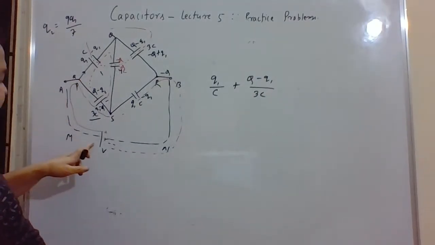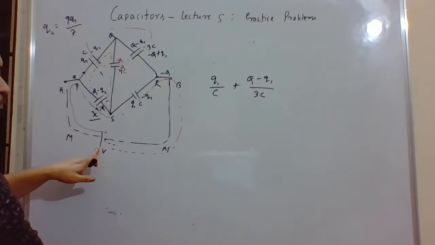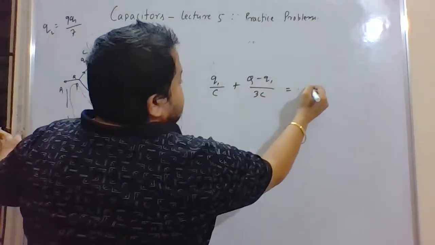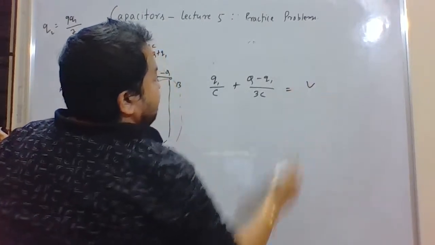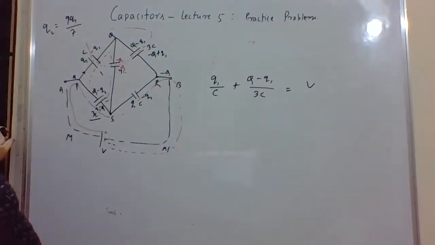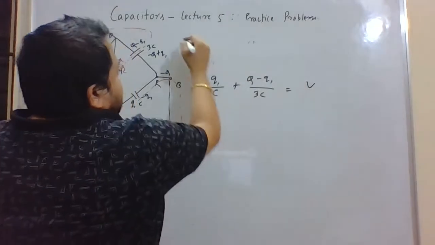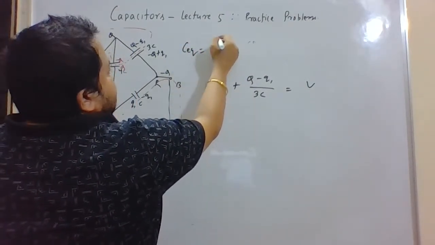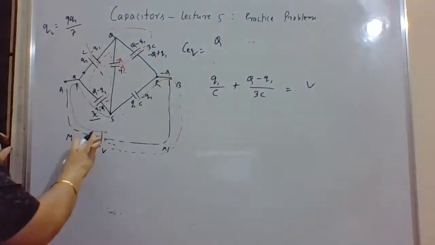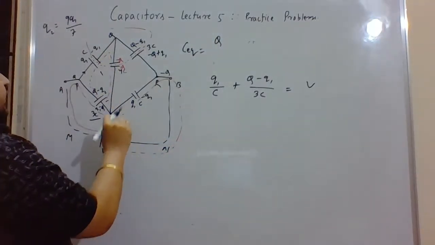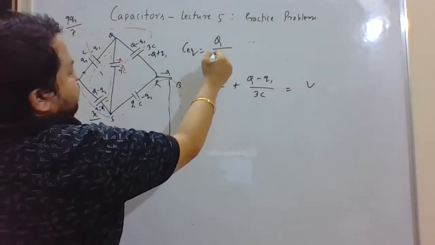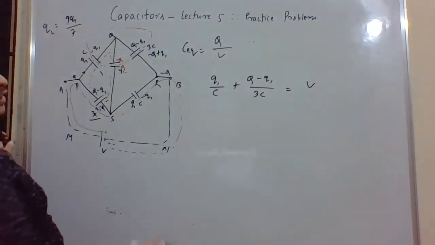After point P, there is nothing, and I reach the positive plate of the capacitor. So this much is nothing but V. Now, can I say that C equivalent is nothing but the total charge that this cell has given, Q, by the total potential difference?